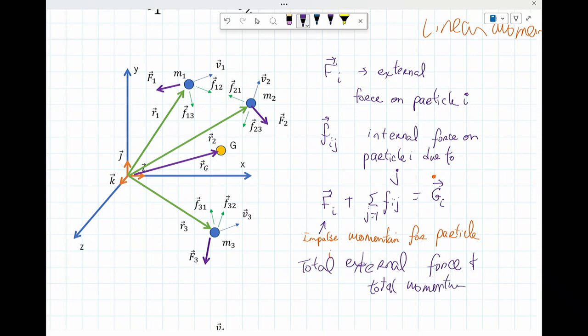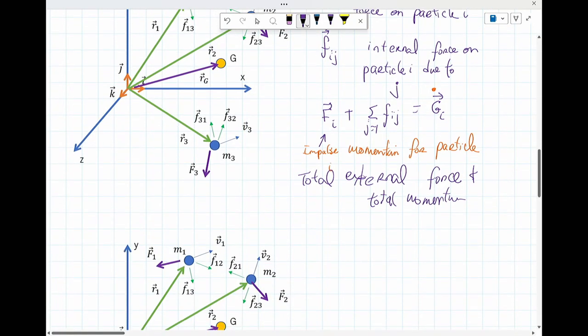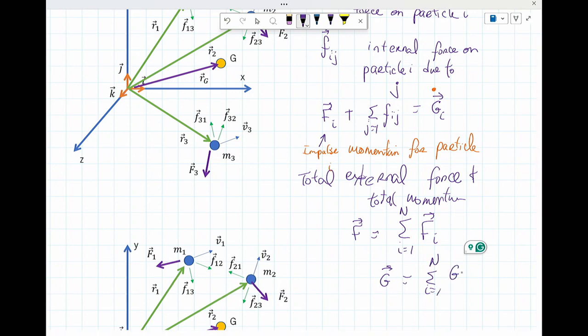So if I look at the total external force and total momentum, I'm going to have the sum of forces equal to the sum from i equals 1 to the number of particles of F sub i, and G equals, again, the same thing, the sum from i equals 1 to N of G sub i. The only thing left are the internal forces.